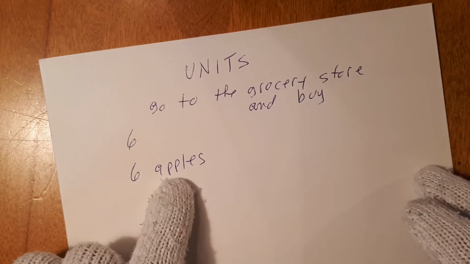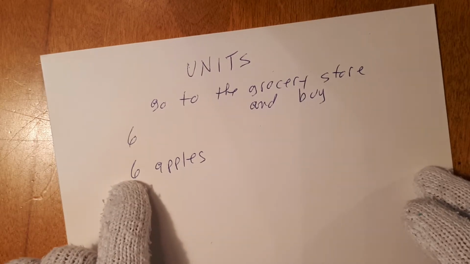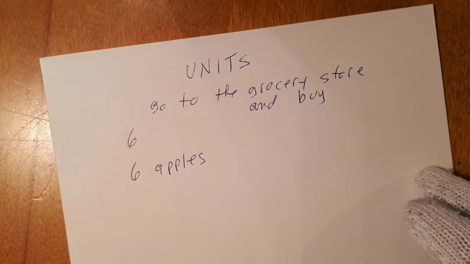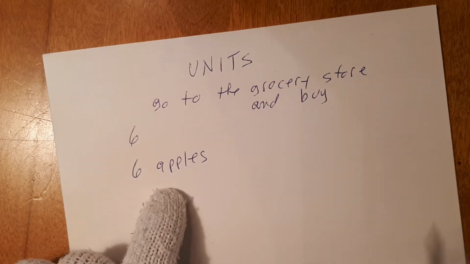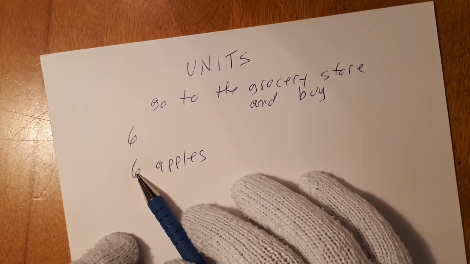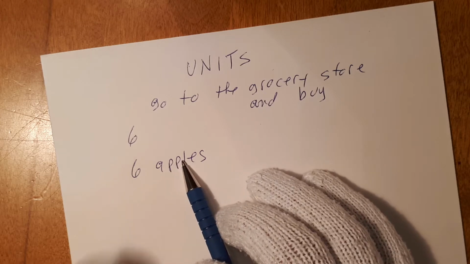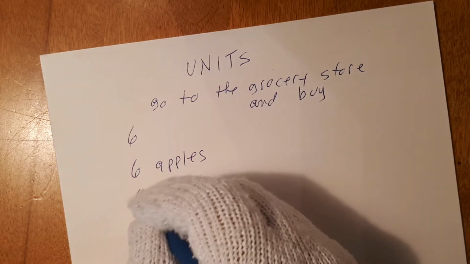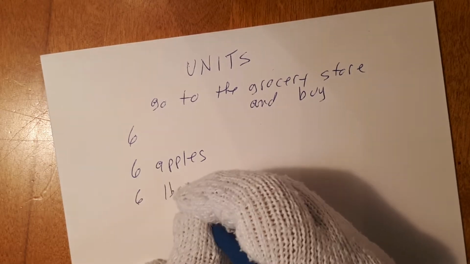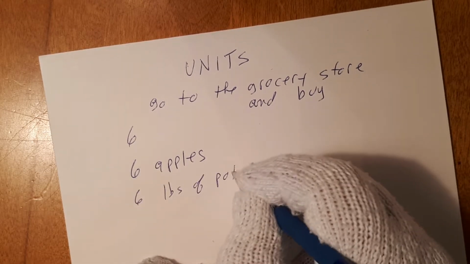Well, apples is the unit. Apples describes the number 6. Units don't have to be the kilograms, the meters, and the seconds, as long as it describes the number preceding it, or following it, I should say. It is a unit. Consider, go to the grocery store and buy 6 pounds of potatoes.